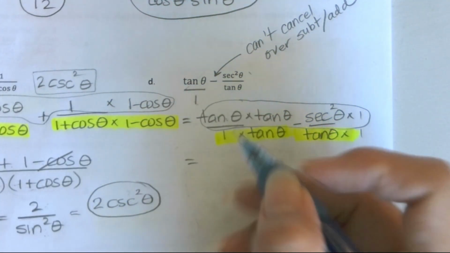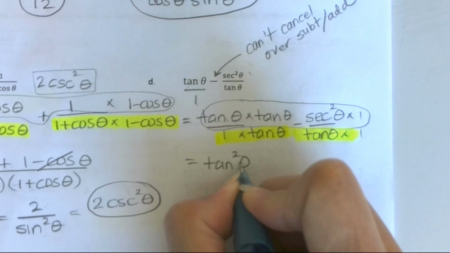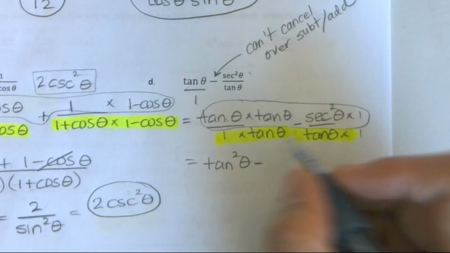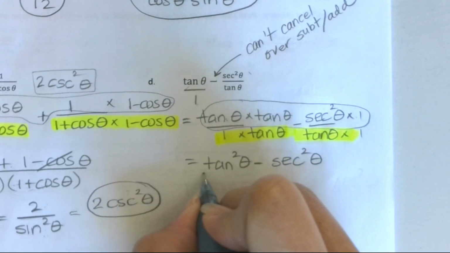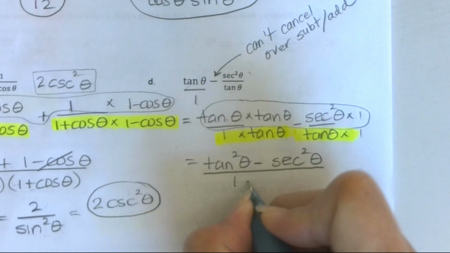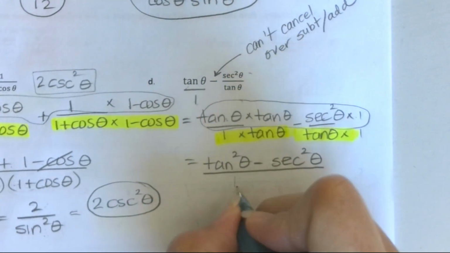What's a tangent times a tangent? Tan squared, correct. And what's a secant squared theta times a 1? Over 1 times tangent theta, which is just tan theta.